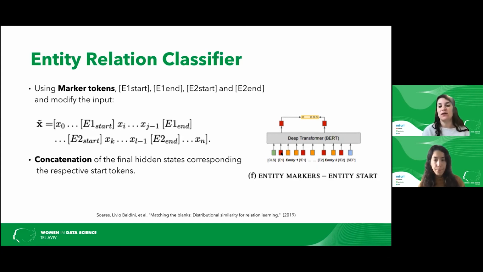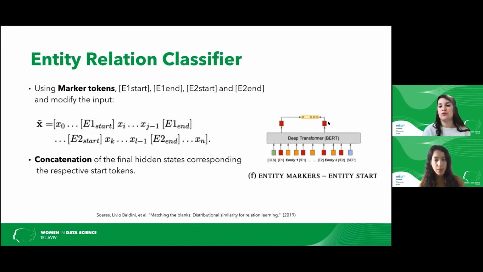Entity 1 can be multiple words, for example, chest pain, so we have E1 describing the representation of the two words of entity 1. And we can take the contextual embedding of the start marker of entity 2 as representing entity 2 in the text.